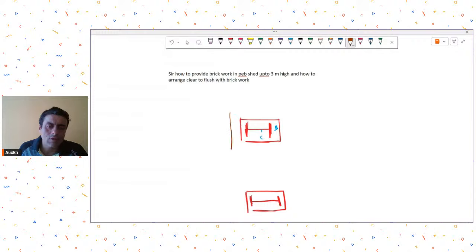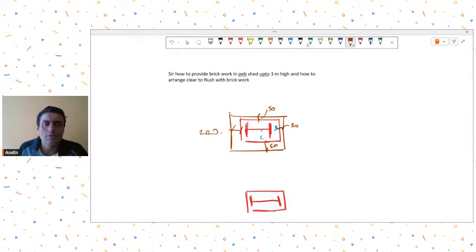we have a concrete pedestal that we take outside. So what I have done here, I am maintaining, let's say, a 50 gap or a 100 gap, and then on this side I am giving a 200 gap. Assume.